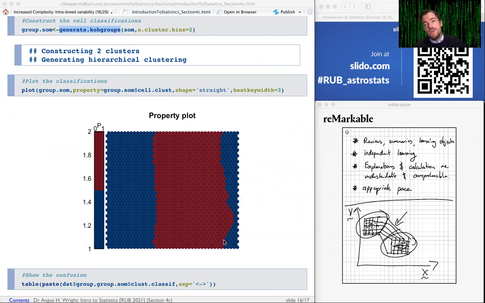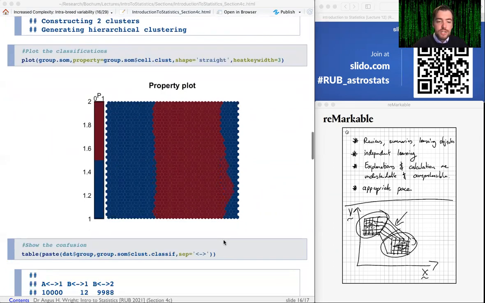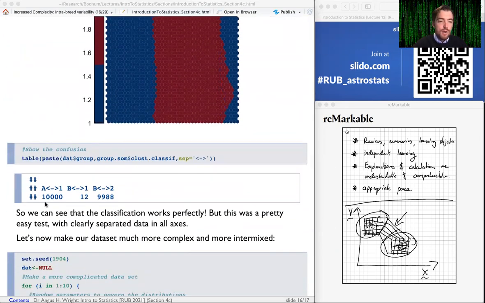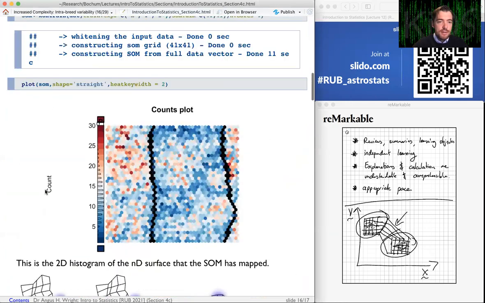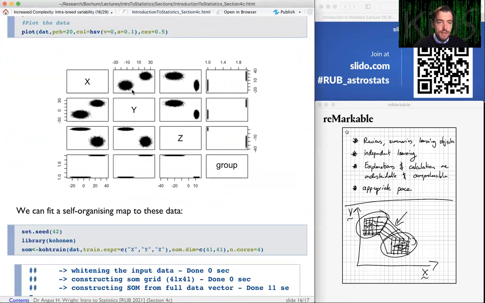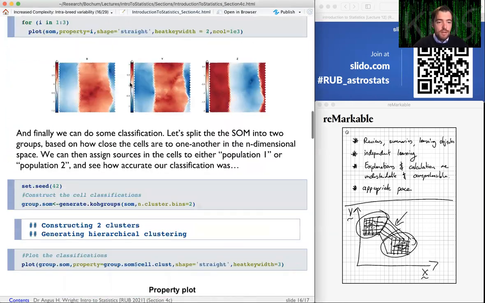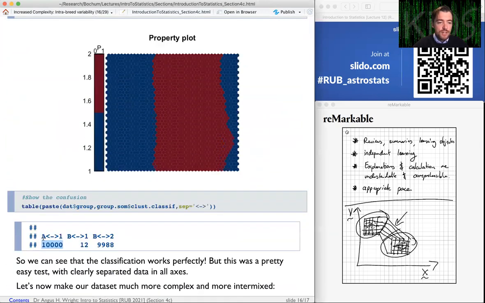So if I then use these 2 groupings and ask how well they actually recover the true different populations in my data set, what I find is that the first chunk of data, which is, say, this one here, is recovered with perfect accuracy.